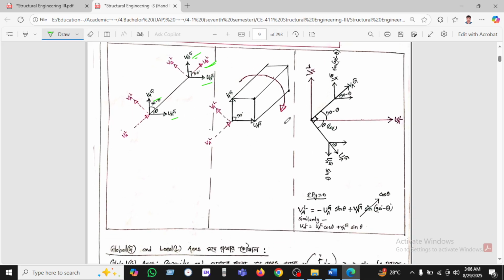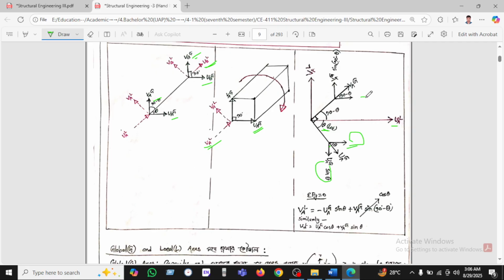So if the beam is starting here, this is the global, so we have to calculate in local. So if we see here a UAL, and if we assume the angle is theta, then what will be this angle? This angle will be 90 minus theta, and as this is theta, then it will be theta. So it will be cos and opposite will be sine.